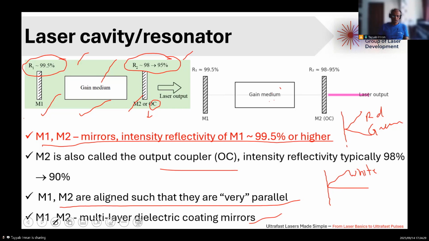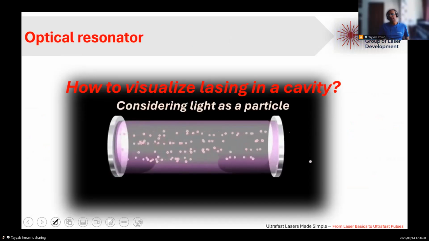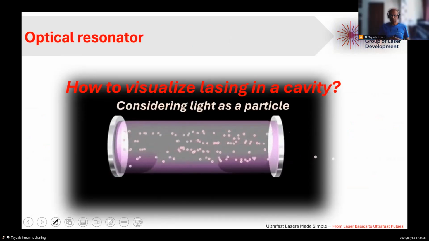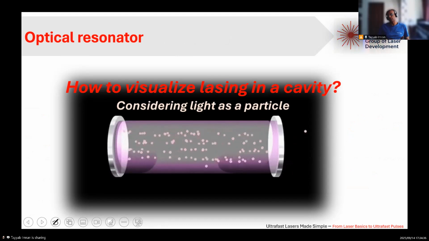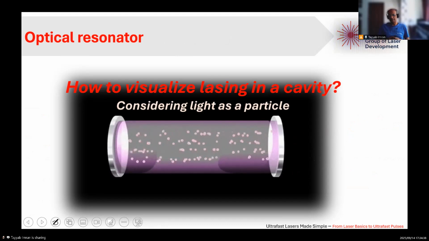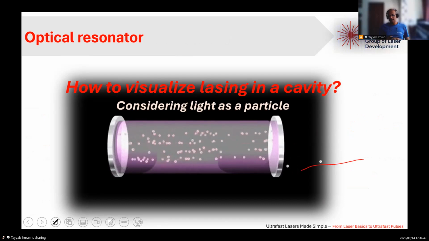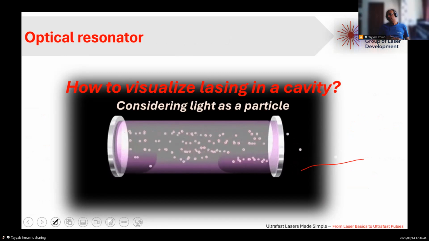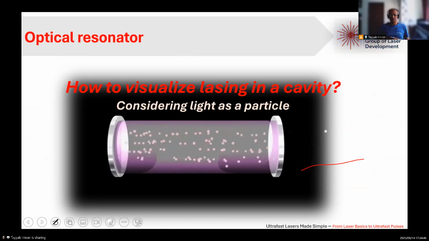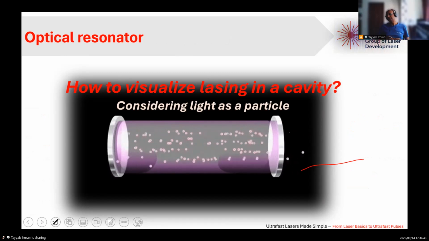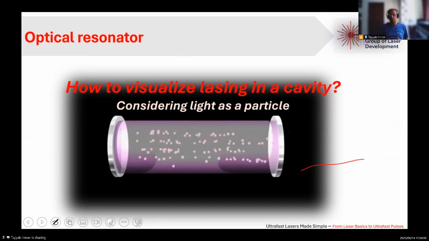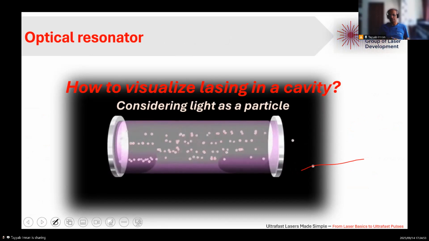So let's move to the next slide. We have a simple animation. It's not exactly showing the laser action, but it shows photons in the cavity and light as a particle coming out from one side of the mirror.